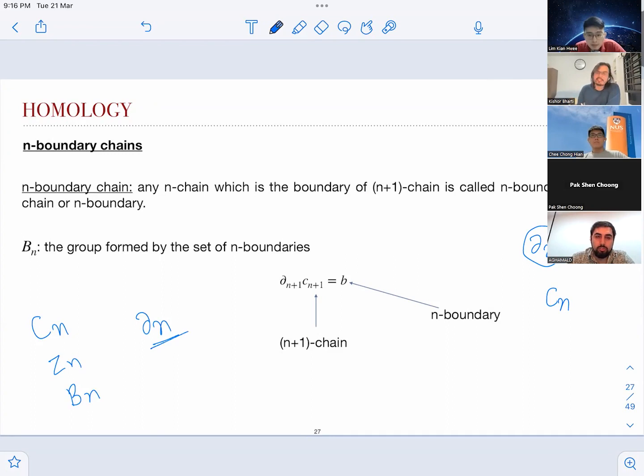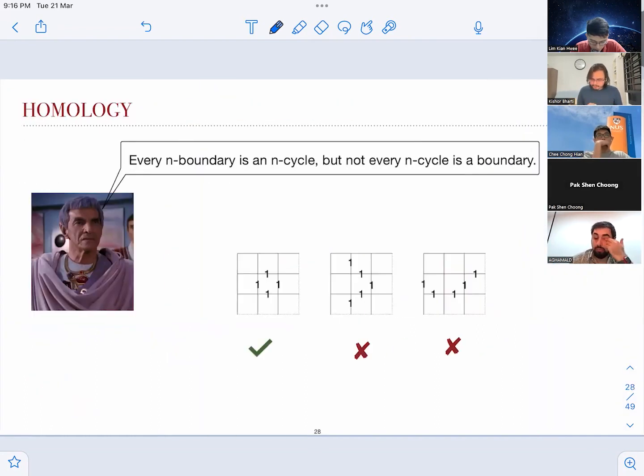The Cn's are the domain of your boundary operator, Zn is the kernel of your boundary operator, and Bn is the image of the boundary operator. These three together will determine the homology. Notice how it will determine the homology. We have 3 groups. Notice that every n boundary is an n cycle, but not every n cycle is a boundary.